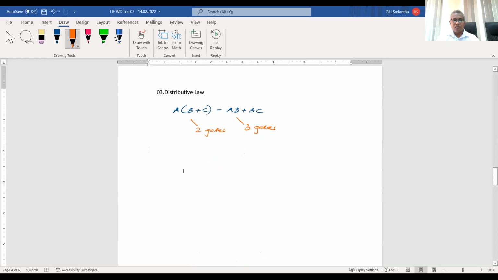Okay, the next one. De Morgan's theorem. This De Morgan's theorem also has 2 parts.